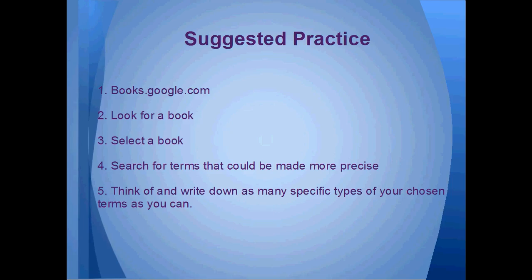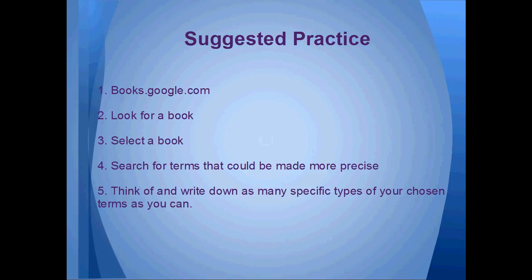Okay, now here's something you can do to extend your practice on your own. You can go to books.google.com. You can look for a book that interests you, that either has a preview available or is free to view. Then I want you to look for words in that book that seem relatively general, and then think of more specific terms that would fall under that category.